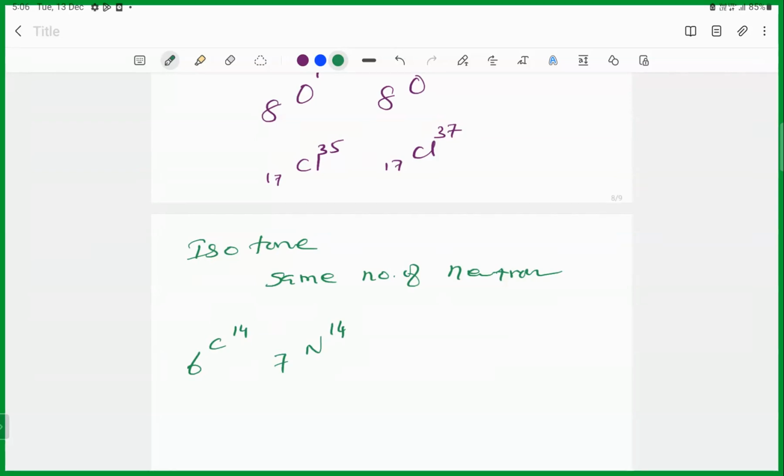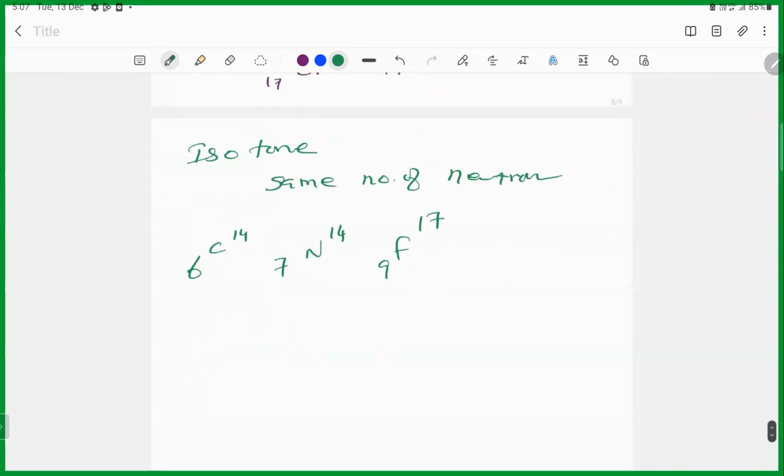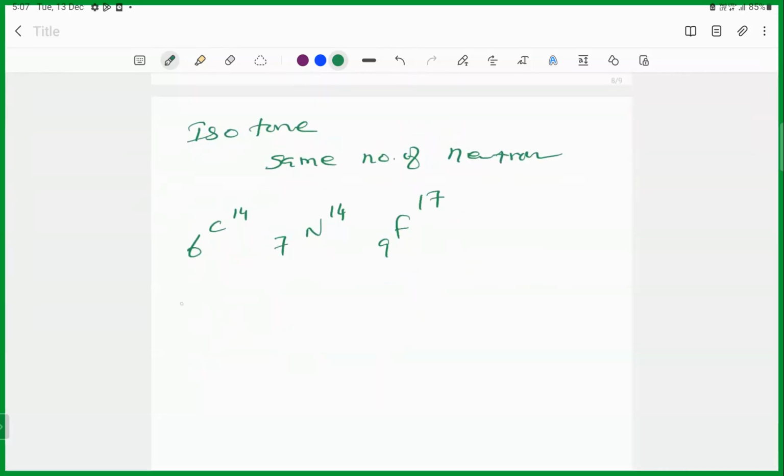So, okay, no problem. Now you tell me this: 6 carbon 14, 7 nitrogen 14, and 9 fluorine 17. Which is the isotope, isobar, isotone, you have to identify.